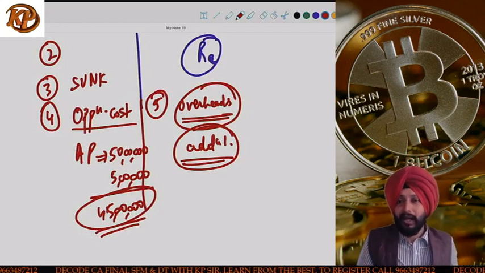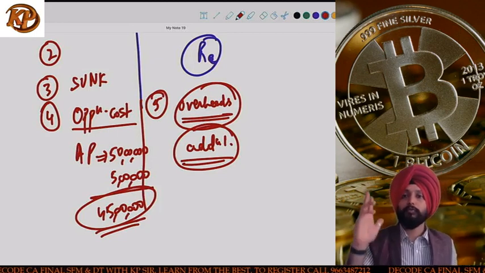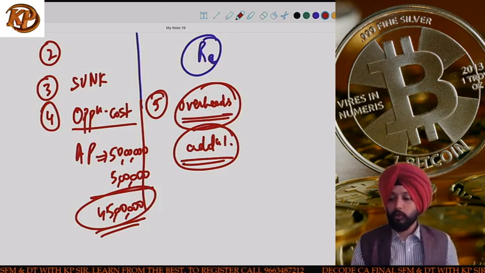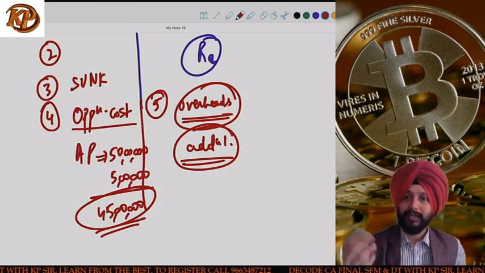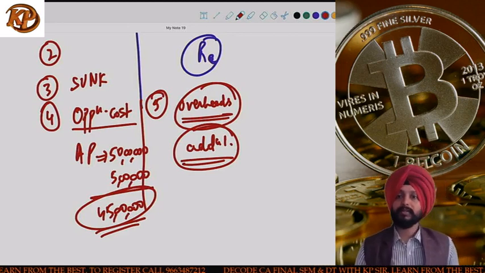So apportionment wise, they are allocating 1 lakh for first floor, 1 lakh for second floor, 1 lakh for third floor. In this case, if I go and tell the college people that, see, for you anyways, your floor is lying vacant, why don't you give it to me and take some charges from me on a monthly basis?